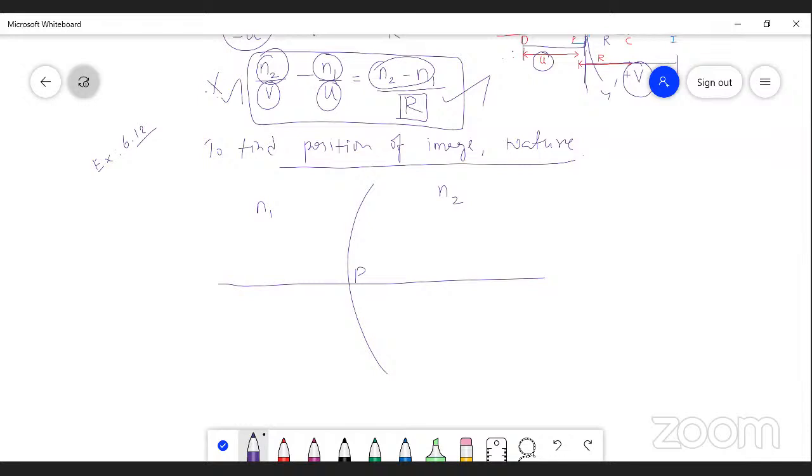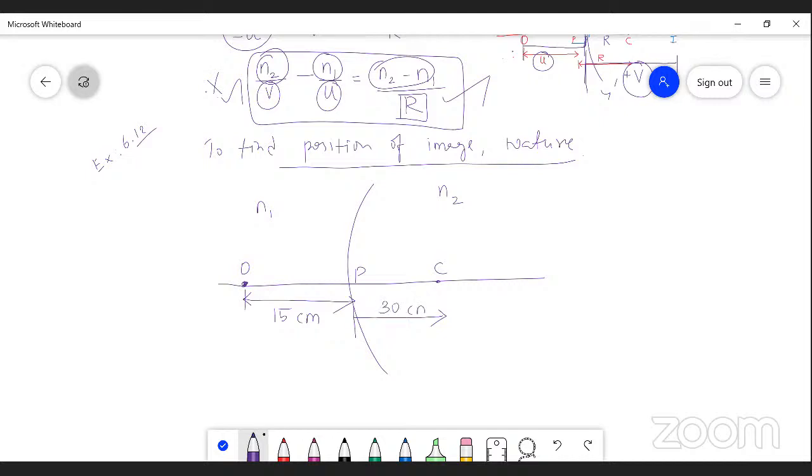When the object is placed at this point, the distance between the pole and the object is 15 centimeters. And the point C is the center of curvature of the spherical surface. The distance between the pole and the center of curvature is 30 centimeters.